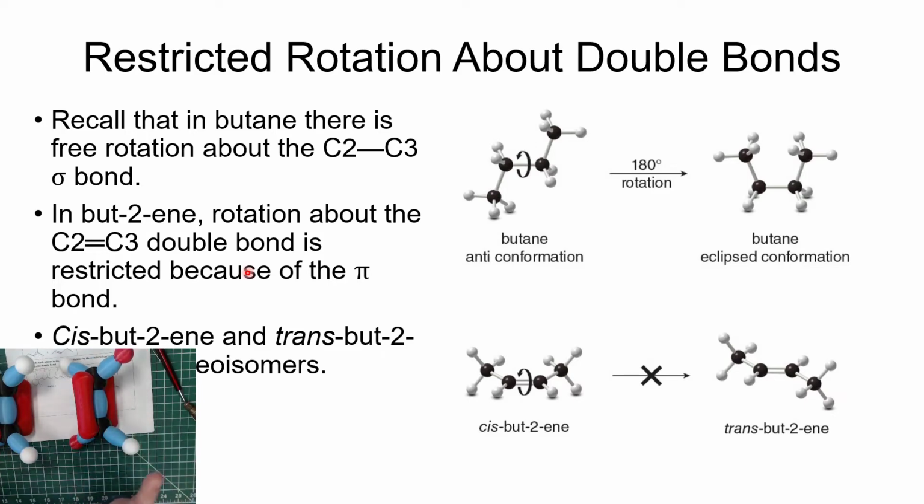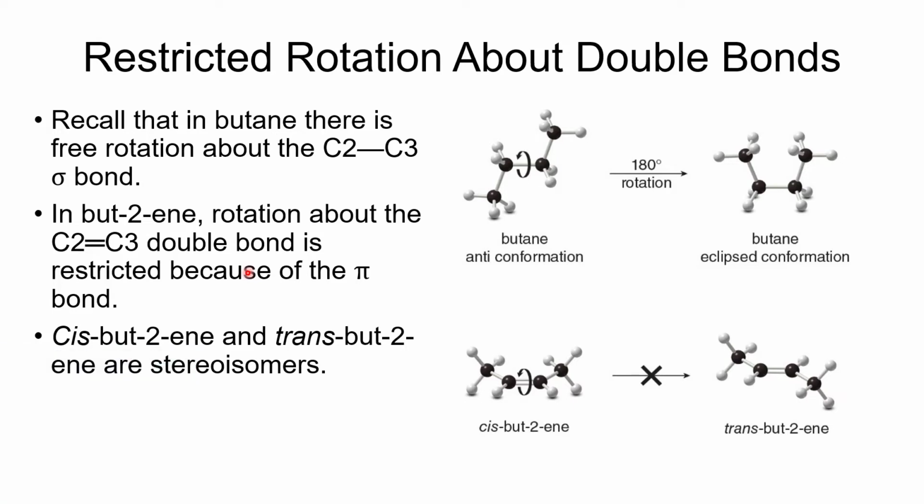Now, in a later chapter, we're going to discuss a better way of naming them. All right, so cis-but-2-ene and trans-but-2-ene are considered stereoisomers of each other.